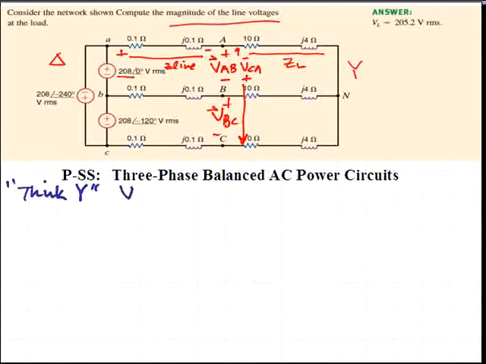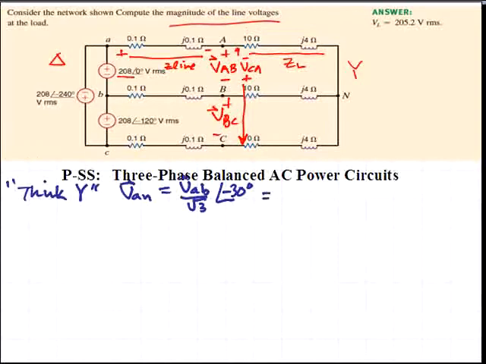The equivalent Y-connected source would have a voltage VAN to neutral of the given VAB voltage divided by the square root of 3 at an angle of minus 30 degrees. That is, the phase voltage lags the line voltage by 30 degrees.